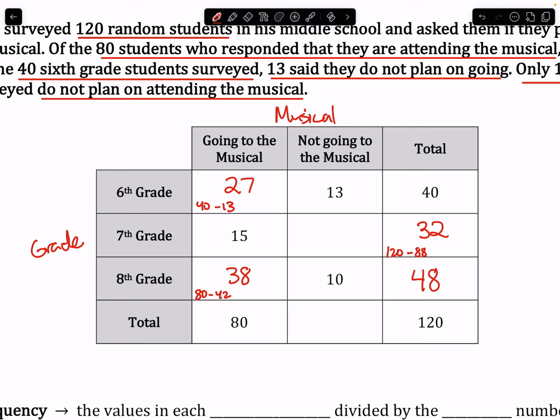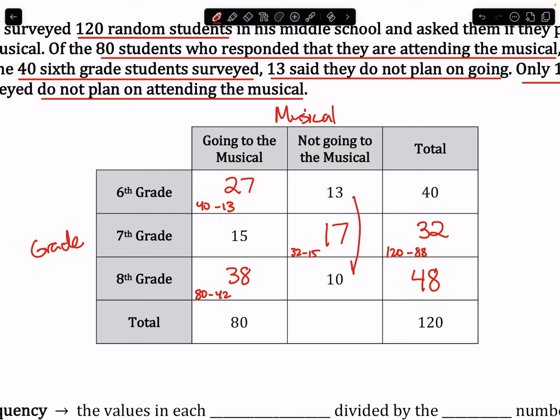Now we can backwards map through 7th grade. So 15 plus what gives us 32? In that case, this would be 17. Or 32 minus 15 gives us 17.